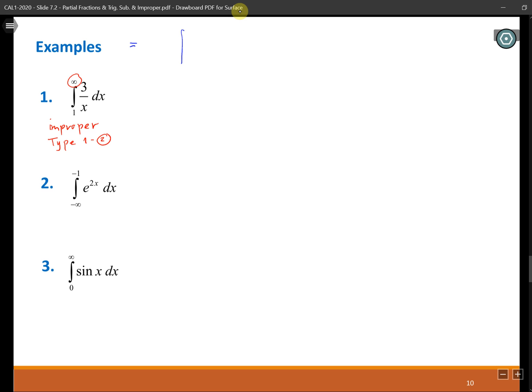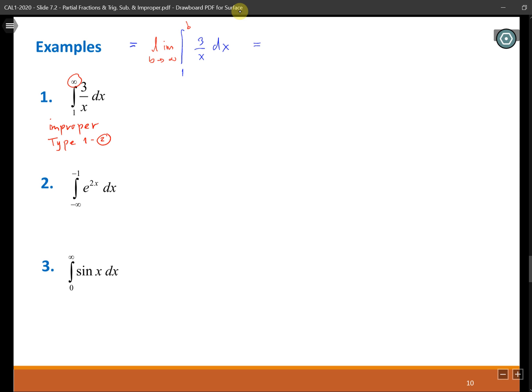The integral of 3 over x dx, no problem. I'm going to change the infinity to just b, and then put a message right here: this b goes to infinity. After that you just perform the integration normally.